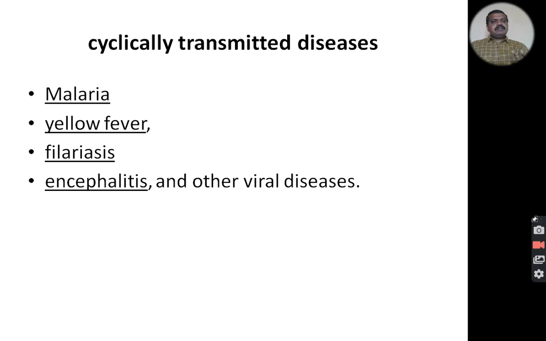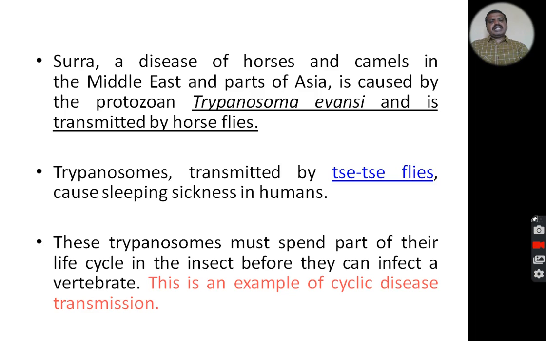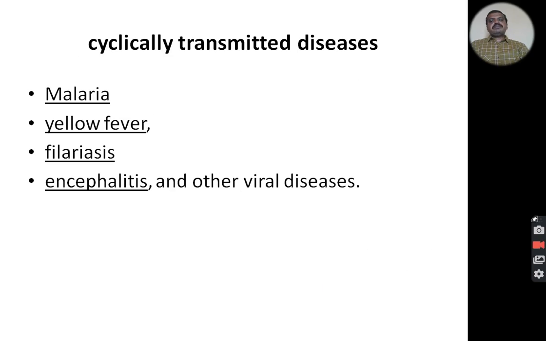That means it completes certain stages of its own life cycle. This is called cyclical disease transmission, and it can be seen in malaria, yellow fever, filariasis, encephalitis and other viral diseases.